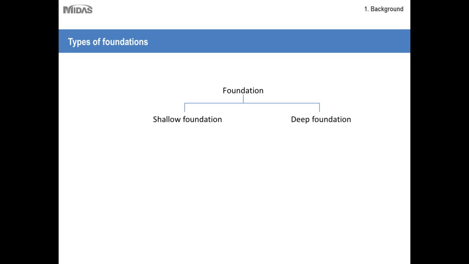As we all know, foundations can be broadly classified into 2 headings, shallow foundation and deep foundation. Shallow foundation can be further divided into 2 types, footing or mat. Under footing foundations, we have different types: individual, continuous, or combined.